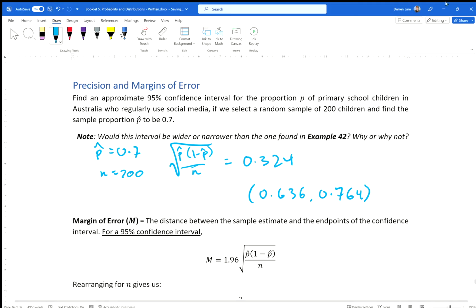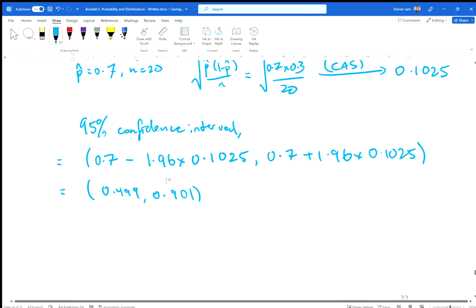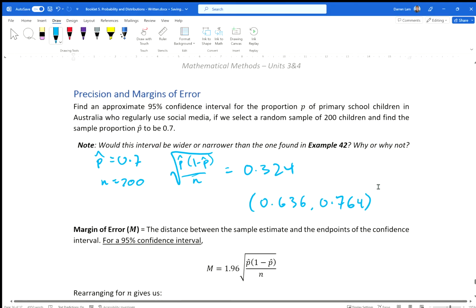Let's compare that with our previous one. I'd say that has a difference of about 0.13, something like that. If we look up at our previous one, the difference here was about 0.4. It's notably different. As we increase our sample size, it makes sense that the actual outcome reflects the population proportion more accurately.